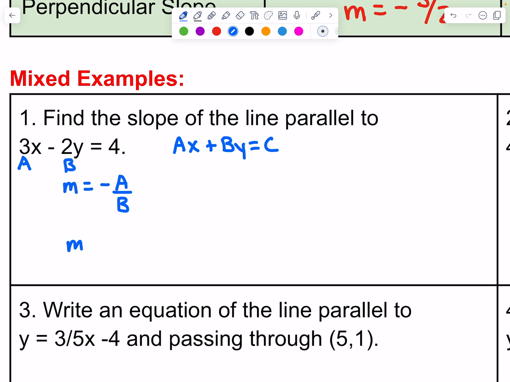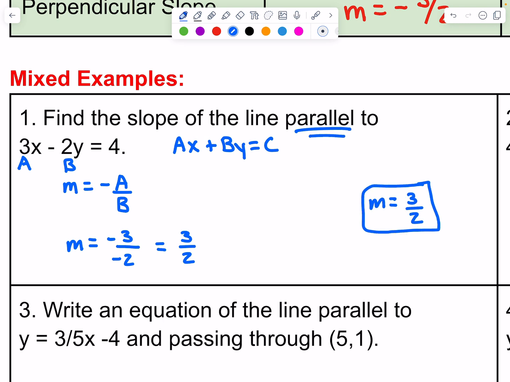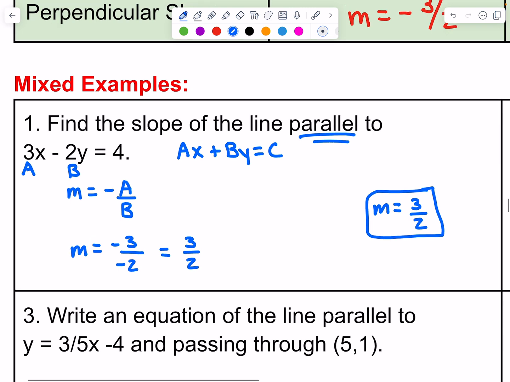So my slope is going to be -a, which is -3, over b, which is -2. Then I just need to clean that up a little bit because they're both negative. It'll become a positive 3/2. So my slope parallel to this line would stay the same. So my two lines would both have a slope of 3/2.